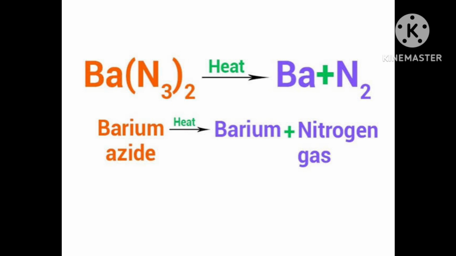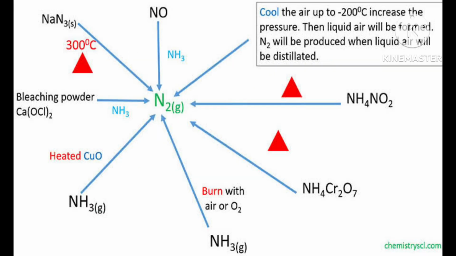3 oxygen and 1 carbon means carbonate. Then 2 nitrogen is there, so you can write (NH4)2CO3, ammonium carbonate, first it will give. After that, this will decompose and form ammonia gas plus H2O plus carbon dioxide gas. This reaction is also very important.